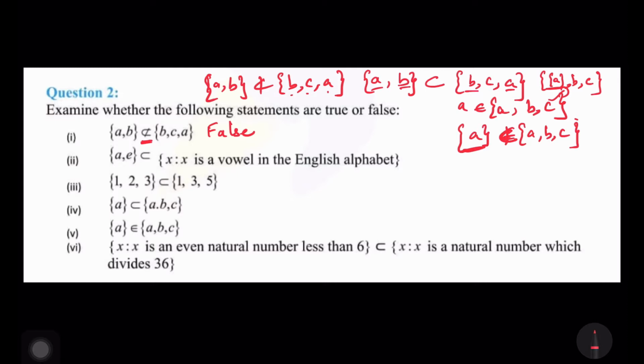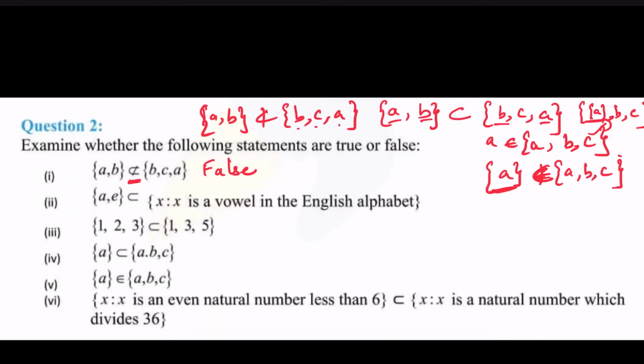But if you are not having the braces, you are having only a, and you write a belongs to {a, b, c}, that is a true statement. But if you write the set {a} belongs to {a, b, c}, then this becomes a false statement, because only elements belong to a set, but a set cannot belong to a set, isn't it? So only elements can belong to this set. So a belongs to {a, b, c} is a true statement.